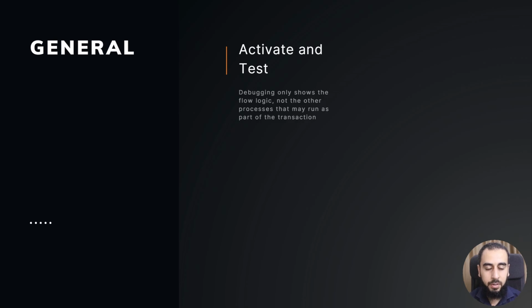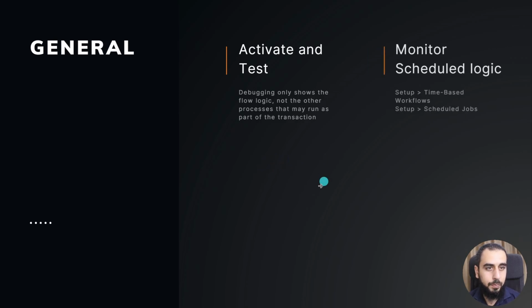It doesn't necessarily happen in the flow that we built. But if you debug the flow, you're only testing that logic, not the other processes. So it's important that you debug and test, and then after that you activate and test it on an actual record in the database.